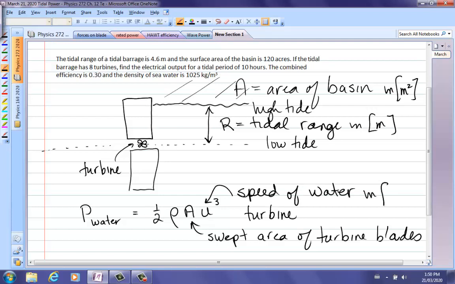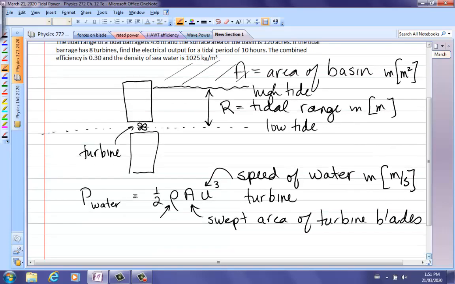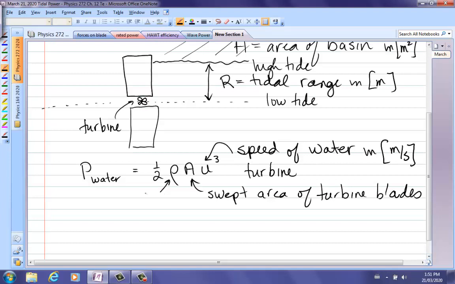In meters per second. Now the speed of the water, if you're doing tidal current harnessing, can be as high as 5 meters per second, but certainly not nearly as high as it would be for a wind turbine. However, because the density of seawater is so much bigger than the density there, there's a lot of power available in water from tides.